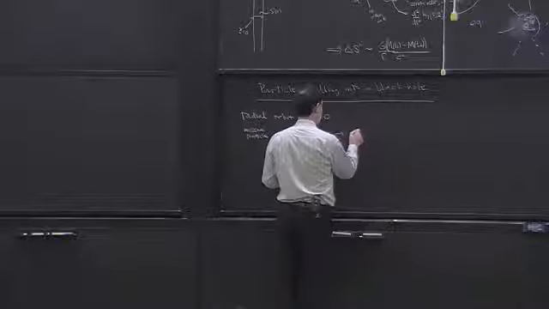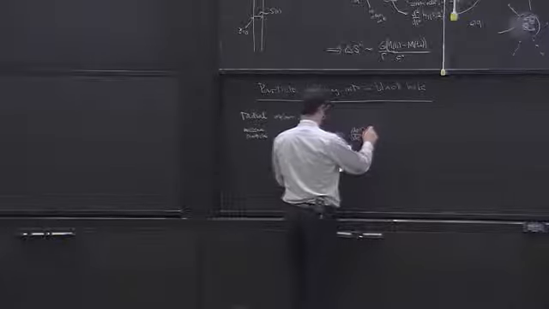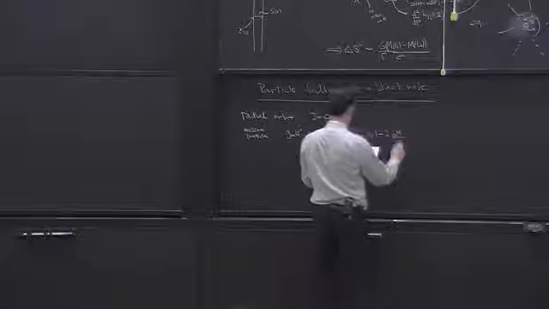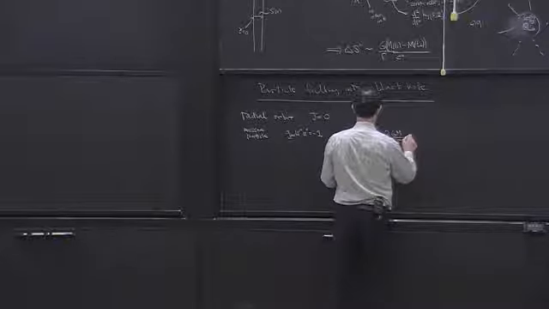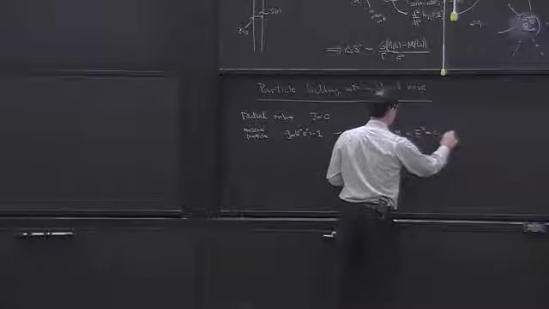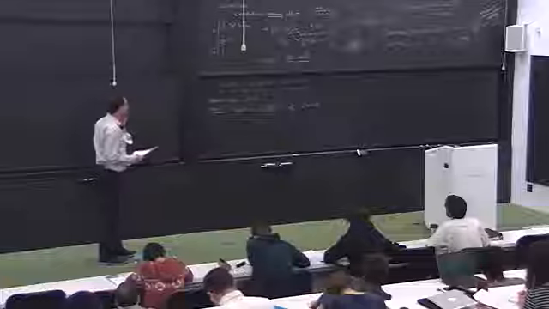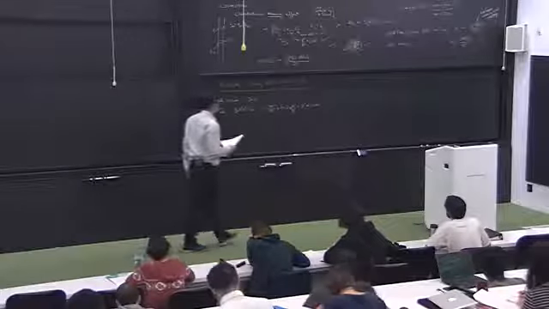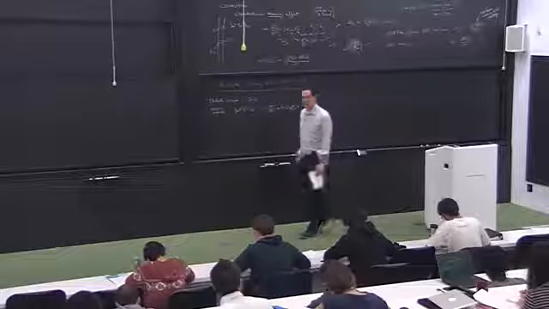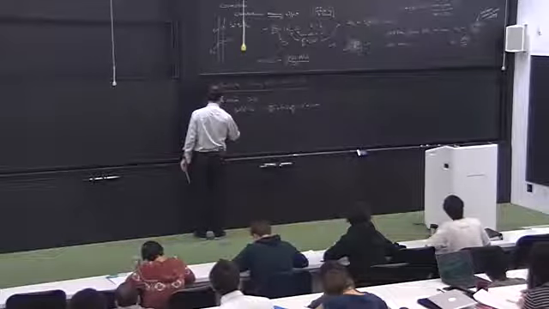reduces to (dr/dτ) squared plus 1 minus 2GM over r equals E squared, a constant. Remember where all these terms come from. This metric has a 1 minus 2GM over r.